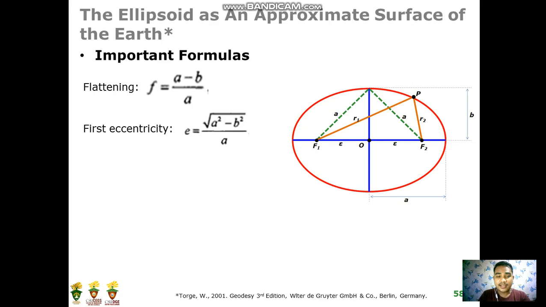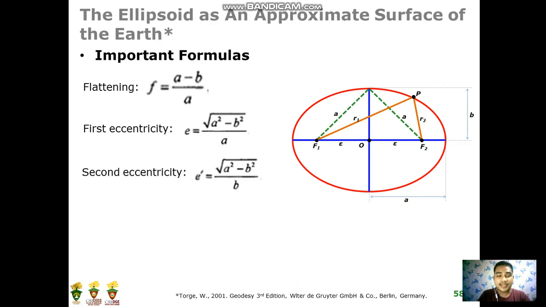It is denoted as small letter e. That is equal to the square root of the semi-major axis squared minus semi-minor axis squared all over semi-major axis, or e is equal to square root of a squared minus b squared all over a.